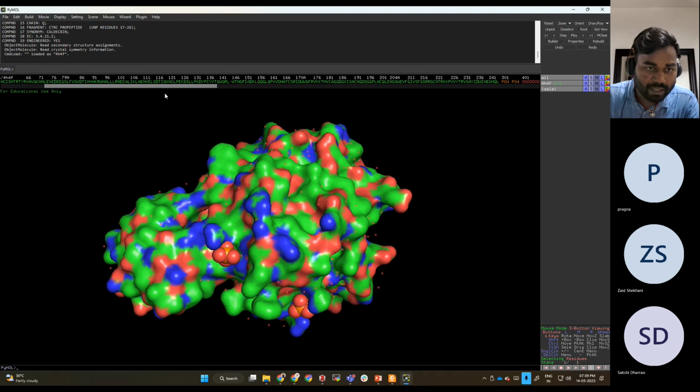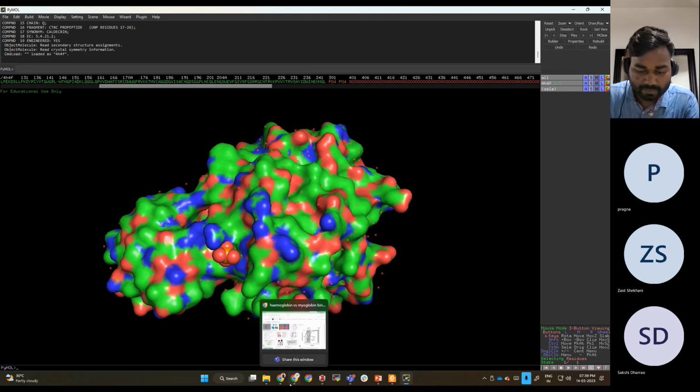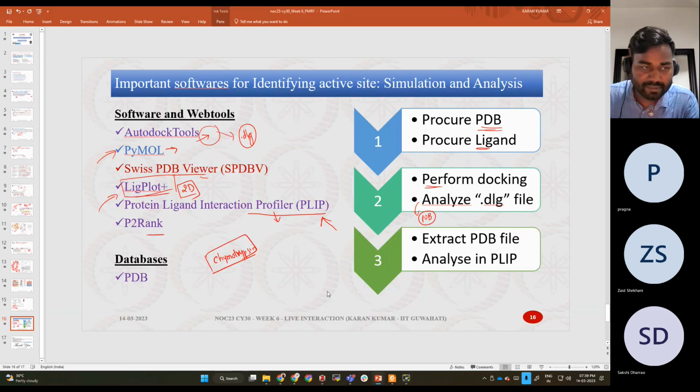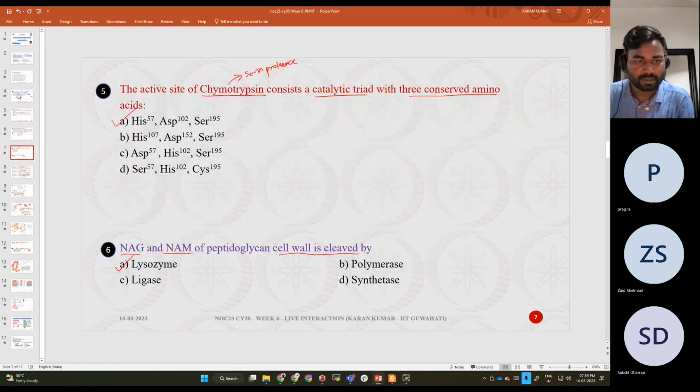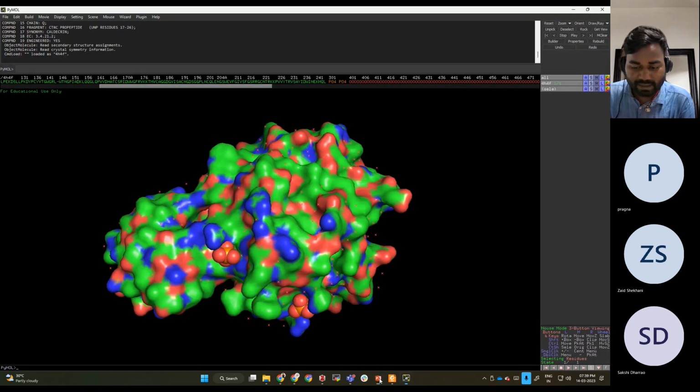Serine 115, right? Is it this one or which one? In the question also I had given, right? This is chymotrypsin only, right?